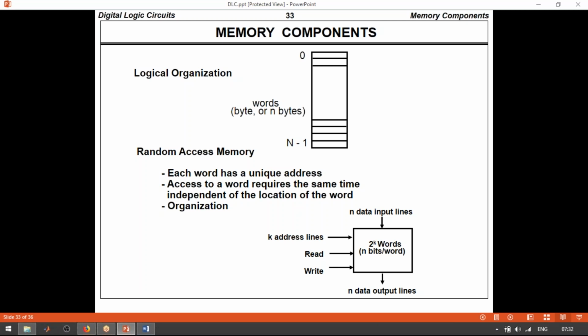But the problem with using EPROM is that whenever I expose it to that UV light, it automatically erases the entire content of my chip. Yeah, it's kind of like the rewritable CDs, right?